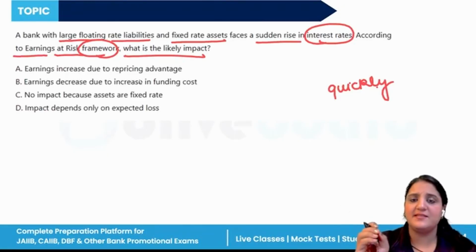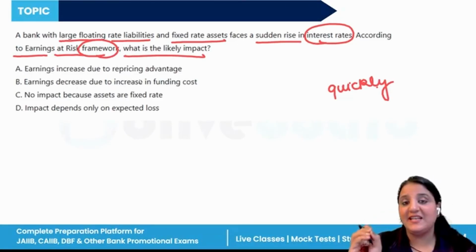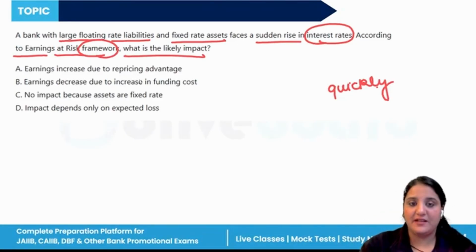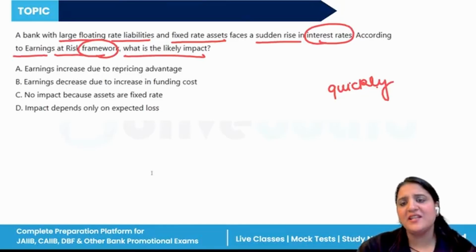Earnings at risk is the concept that quantifies the maximum potential decline in a company's net income due to market fluctuations like interest rate and foreign exchange changes. It is used by financial institutions or banks for asset liability management, just to ensure stability in the earnings.